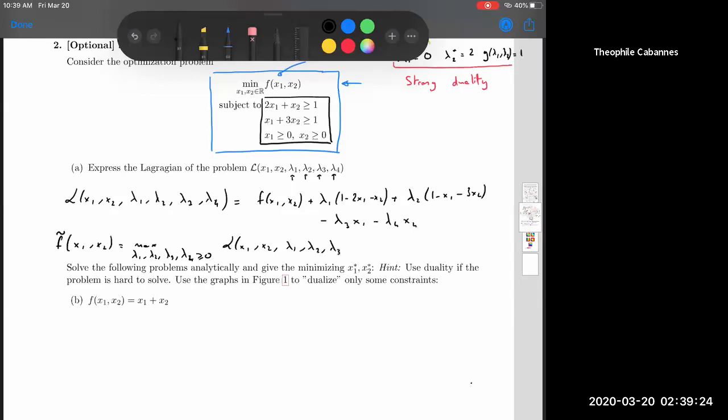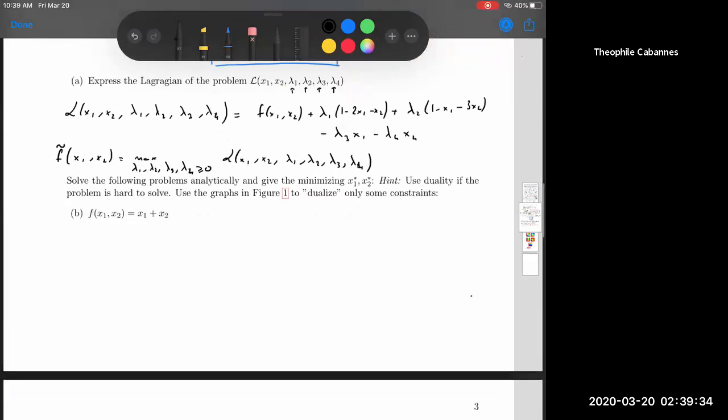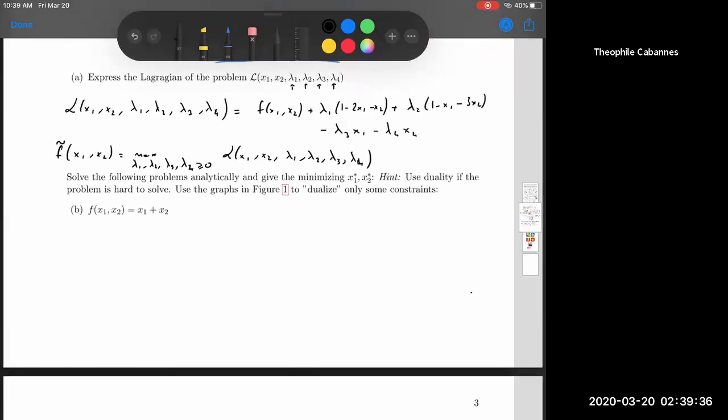So if I define this function f tilde, which is the maximum of the Lagrangian with respect to lambda 1, lambda 2, lambda 3, and lambda 4, all greater than 0, this would be equal to f of x1, x2 in the feasible set, and plus infinity otherwise.